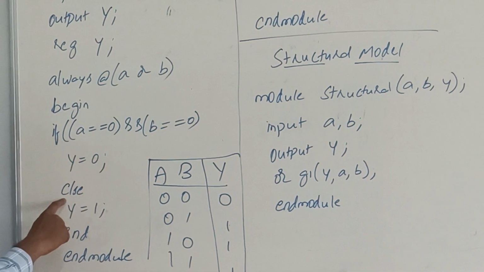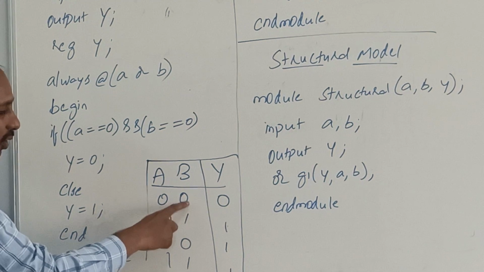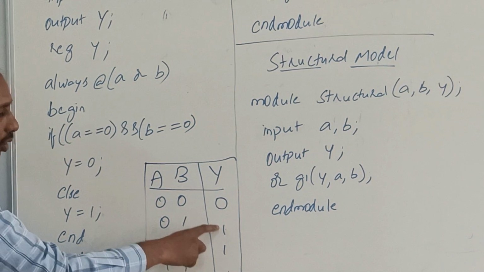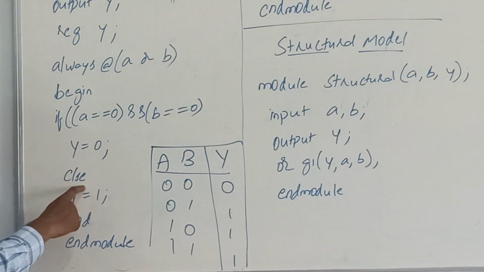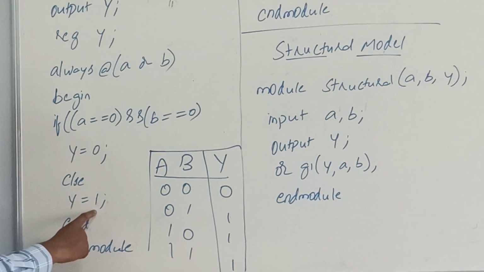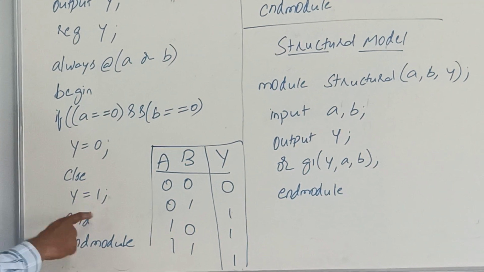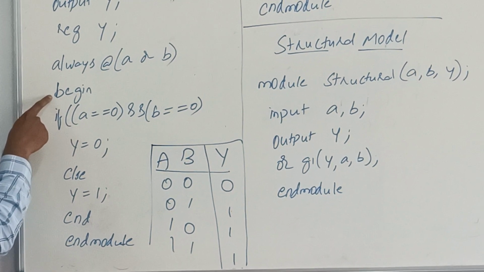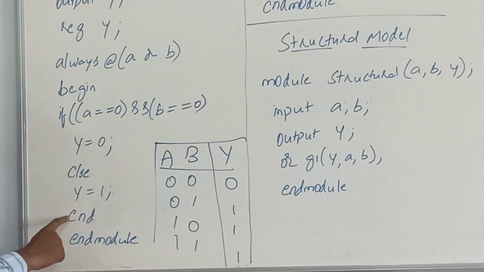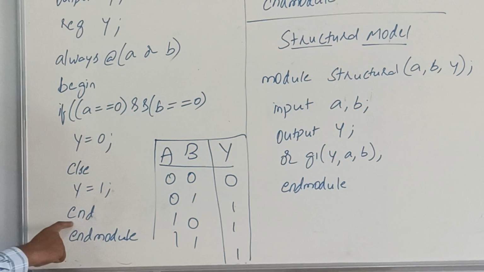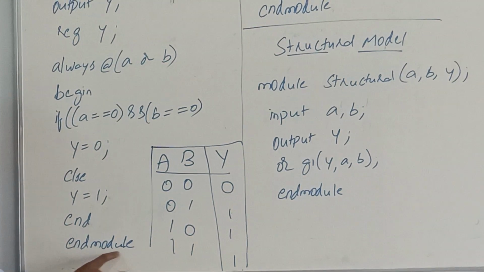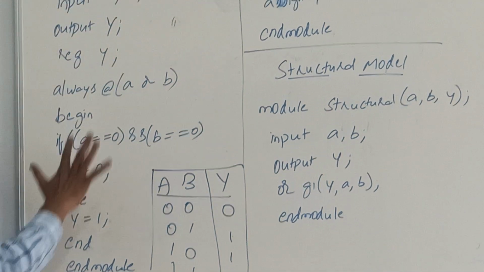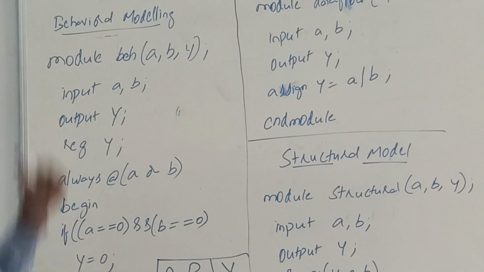In the other case, else, if any one of my inputs is 1, my output is 1. So I have written else Y equals 1. Since I started with begin, I should end with the keyword end, and since I started module, I should end it with endmodule. So this is the behavioral model of this OR gate.